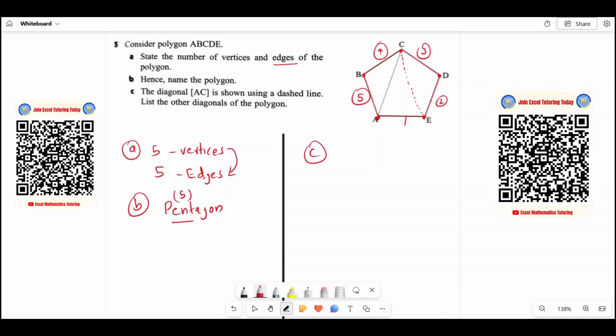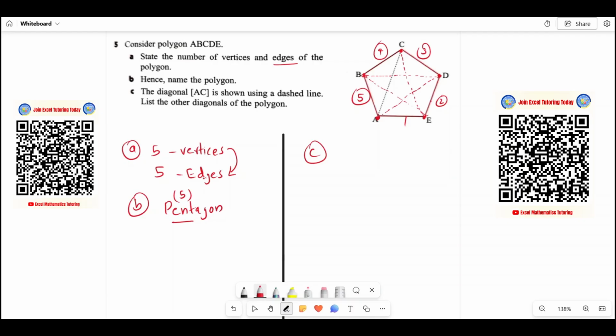From vertex C to vertex E, you can draw a diagonal CE. The basic logic is connect every vertex. So from here to here, and from D to vertex A, and from vertex B to vertex E.